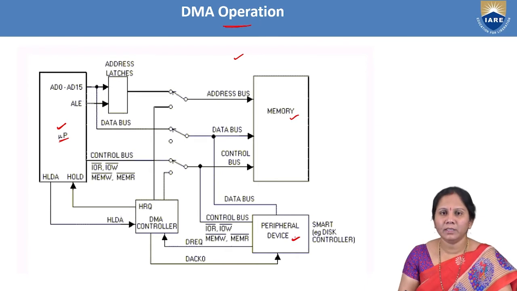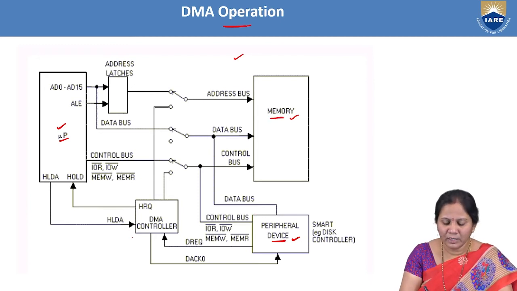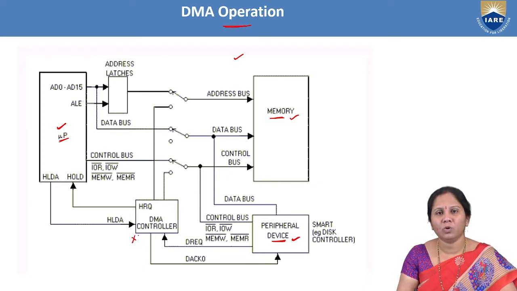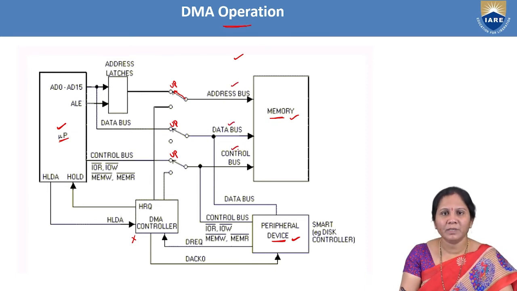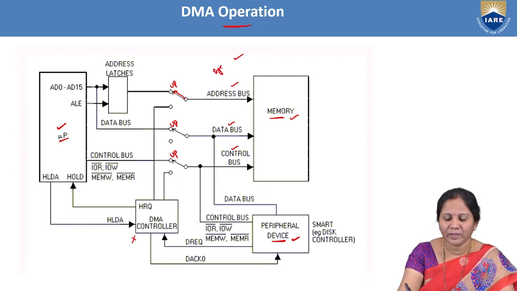The main aim here is to transfer the data between these peripheral devices and main memory. For example, if this DMA controller is not involved, all the switches will be in the up position. This is the switch actually. If you observe here, these are the address bus, data bus and control bus. All these three together are generally called the system bus.